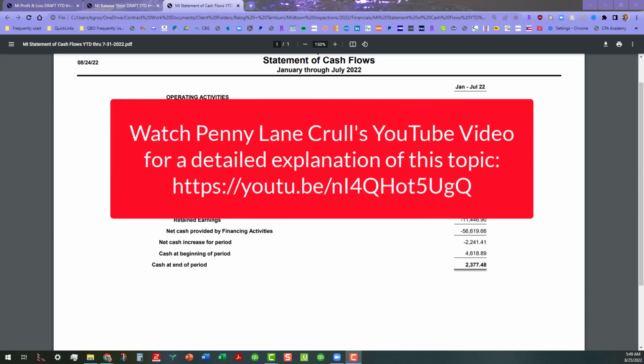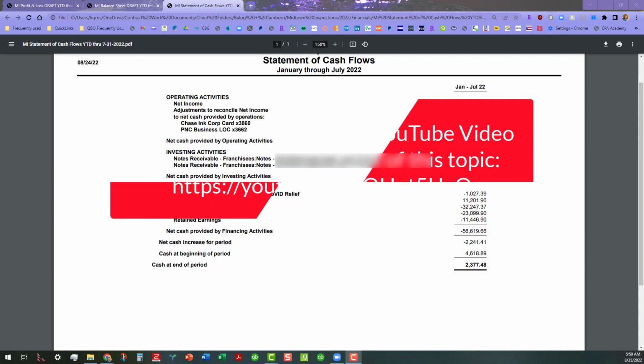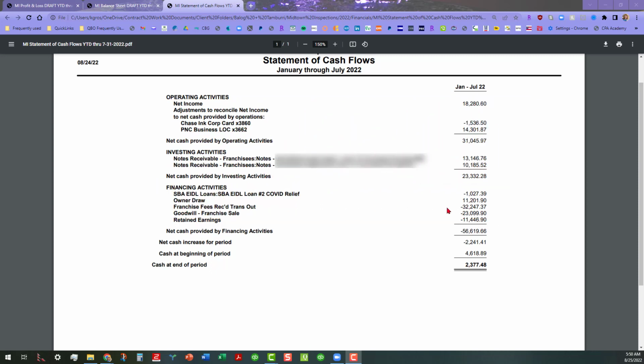Like I said, Penny Lane Crull does a very good job of explaining how all this works together, so I'm not going to attempt to do that. But once you learn how to read the statement of cash flows, you can see where this net income actually gets adjusted down to reconcile with this cash at the end of the period.